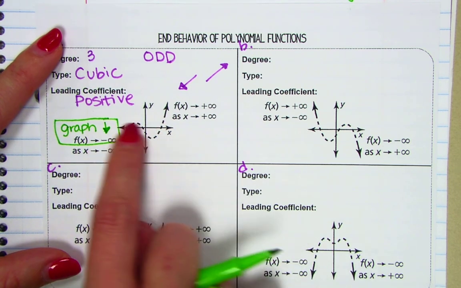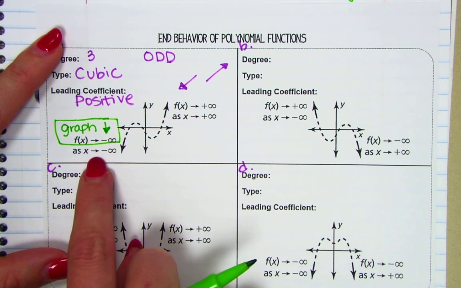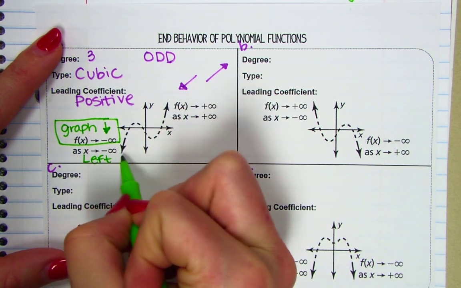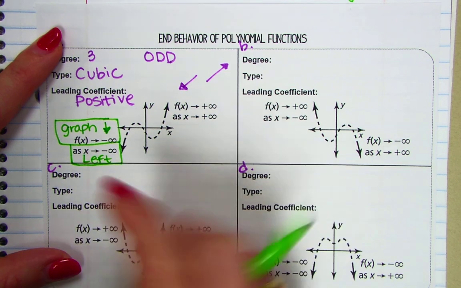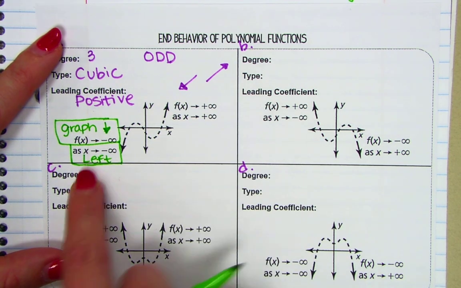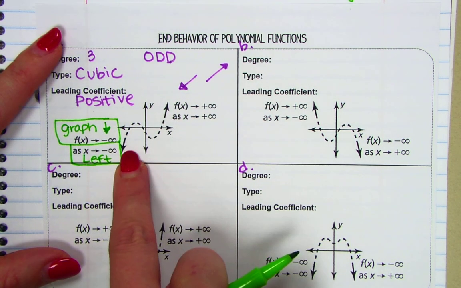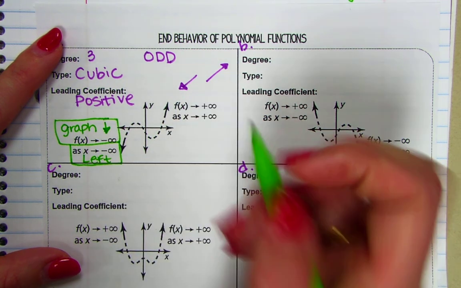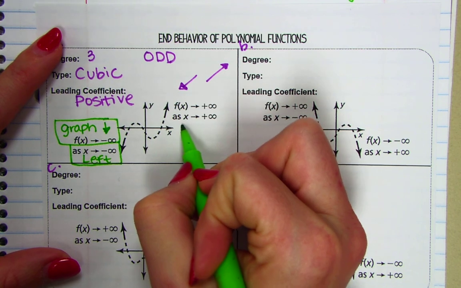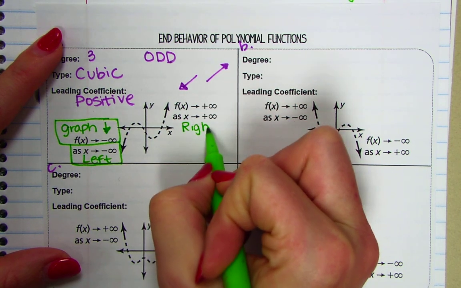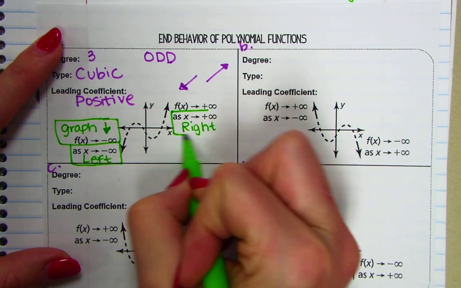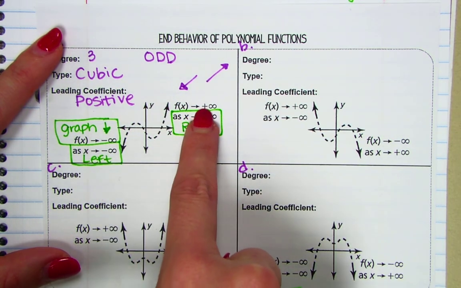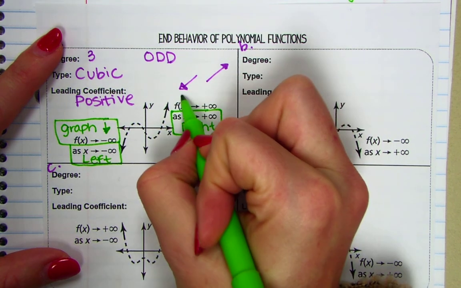Or an x, that's our x-axis right here. X goes to negative infinity this way. So that's left, and left will always come first. So this is basically saying on the left side of this graph, it goes down. On the right-hand side, x goes to positive infinity, and the graph goes positive infinity, up.